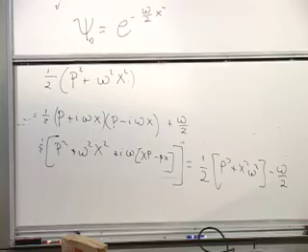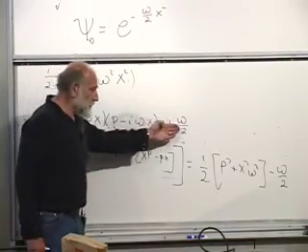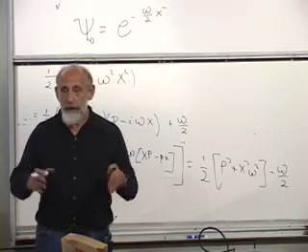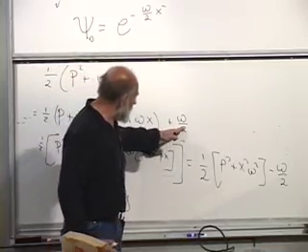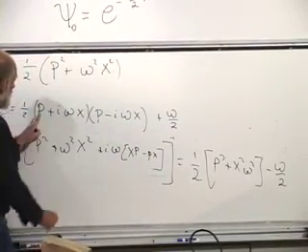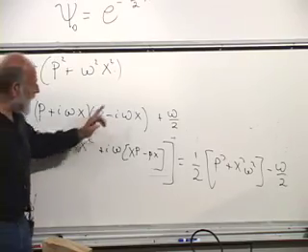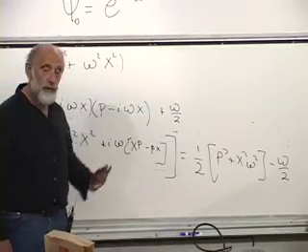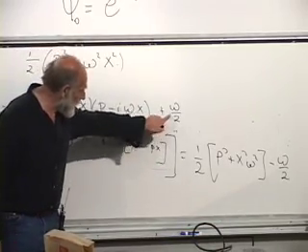All right, but this is just a constant. It adds to every eigenvalue omega over 2. But if we can find the eigenvalues of p plus i omega x times p minus i omega x, that's good enough because we just add omega over 2 to every eigenvalue. In other words, this here is just a number.